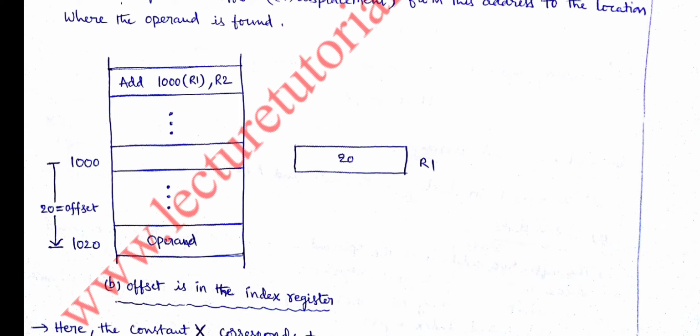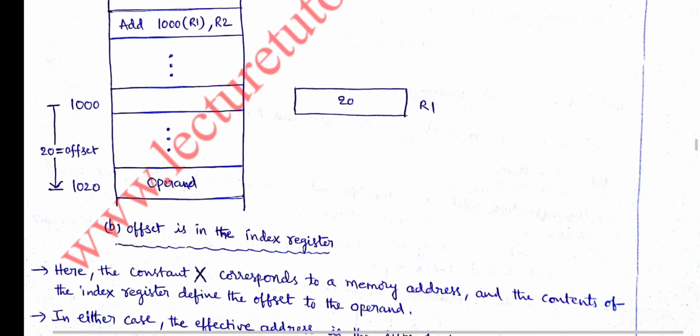So 1000 plus 20, 1020 contains the operand. It is reversed. In the previous example the X value is 20, in this example the X value is 1000. The R1 register contains the value 20 and the value of X is 1000, so the total 1020 contains the operand.